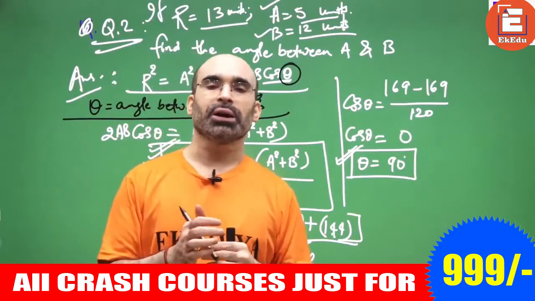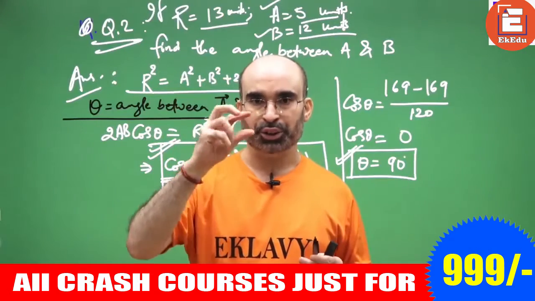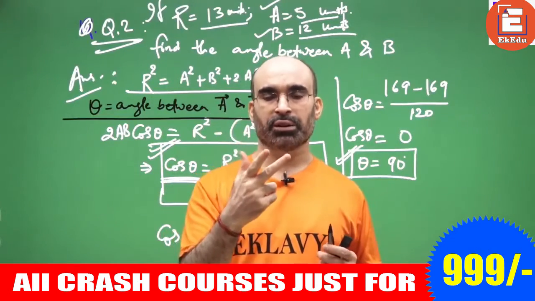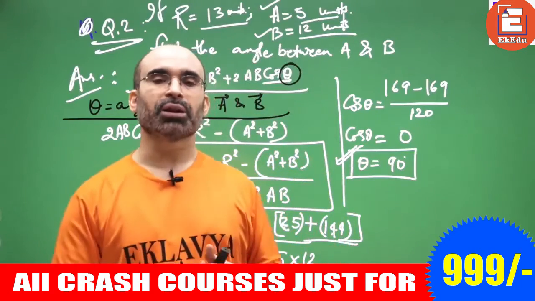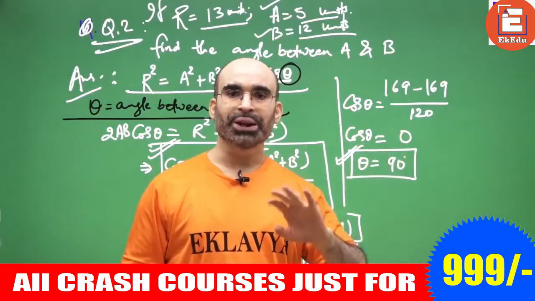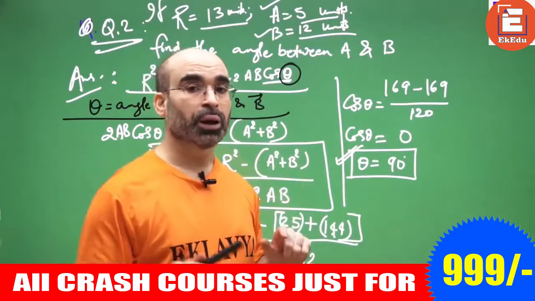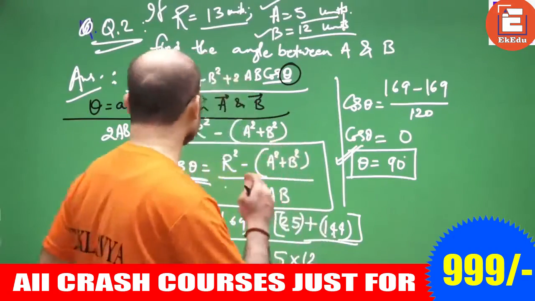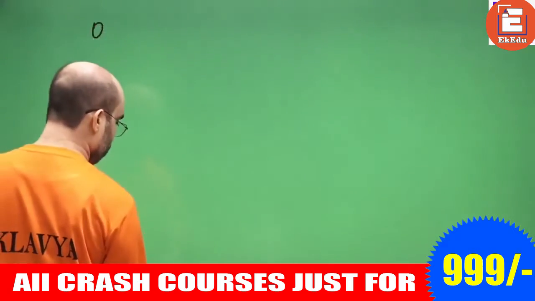At times they will give you the ratio of the magnitudes of the two vectors, and the resultant value will be given. So in that condition, we need to find the two vectors. So let us take that question as well. Question number 3.